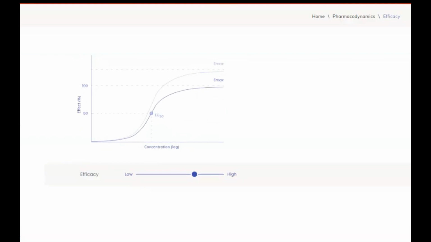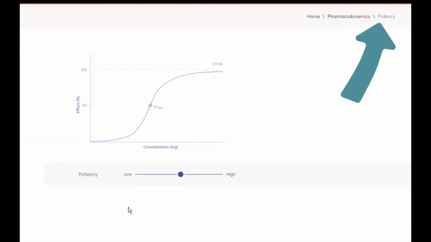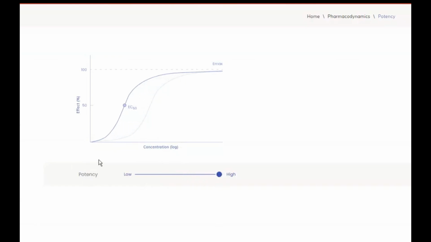On the other hand, if we are dealing with the potency of the drug, in the same dose response curve, the logarithmic one we call the graded dose response curve, we notice that a drug that produces 50% of its Emax at low concentrations is considered a high potency drug.